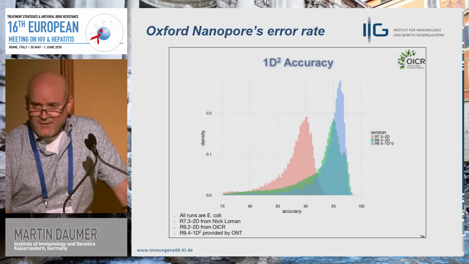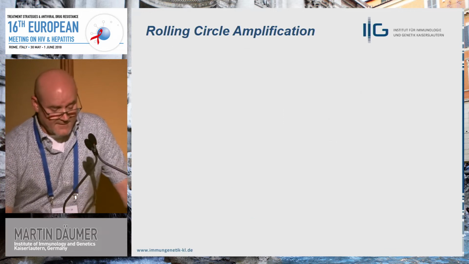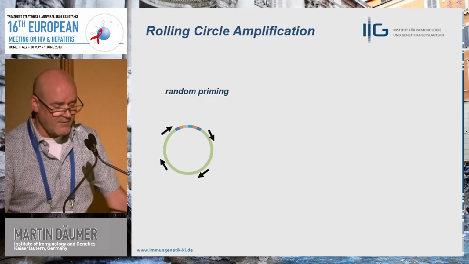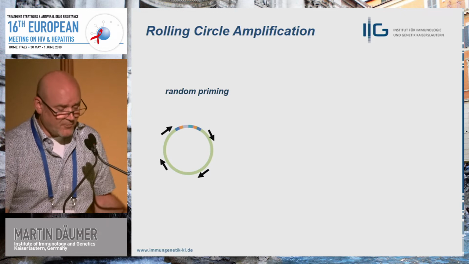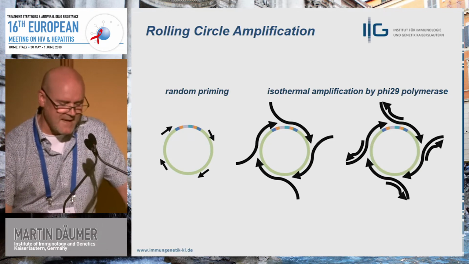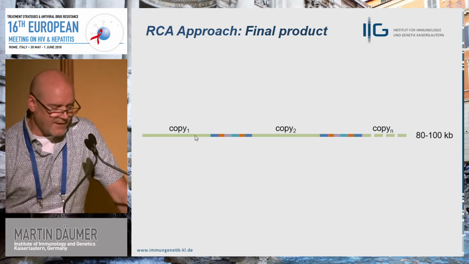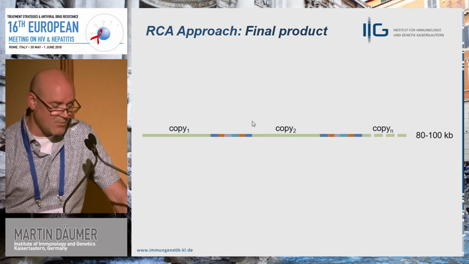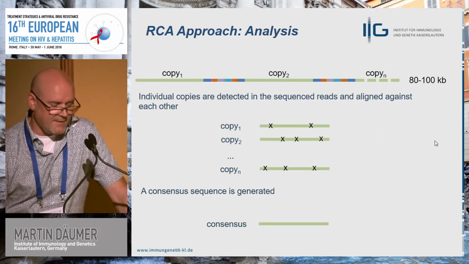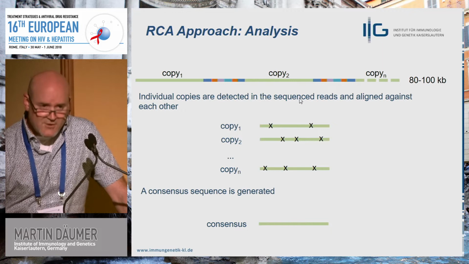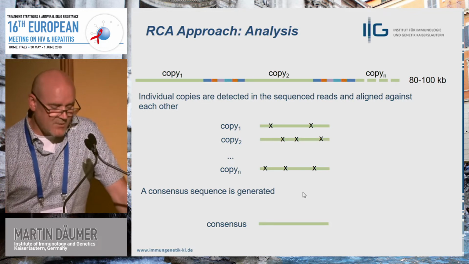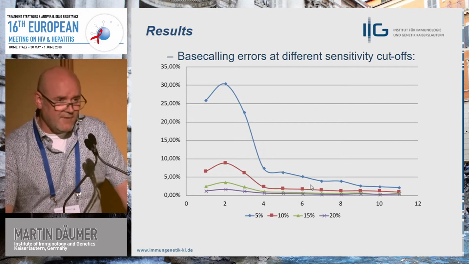So if you still would like to do that using the MinION, you can apply some tricks like we did and presented the data last year, by circularizing the amplicon, doing a random priming and an isothermal amplification with a phi29 polymerase, and at the end you will end up with concatemers of several copies, which should be identical, with a length of 80 to 100 kb. And for a bioinformatician, it's no problem to then build consensus sequences from these concatemer sequences, and you will end up with relatively high accuracy.